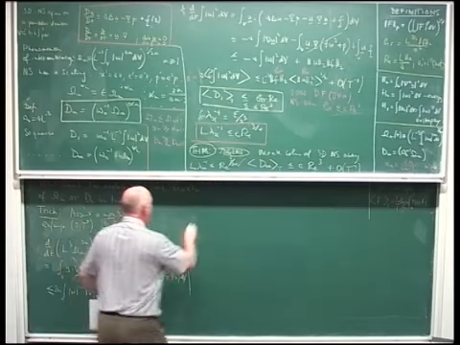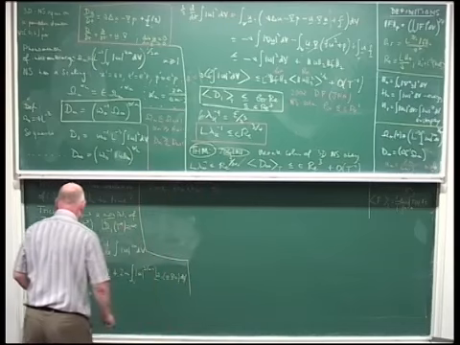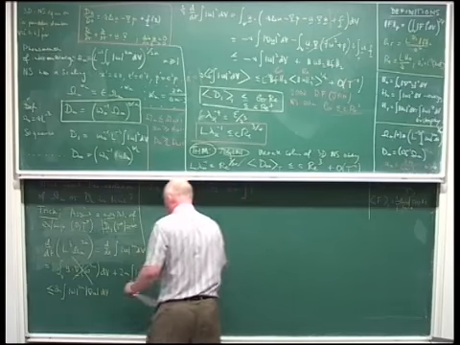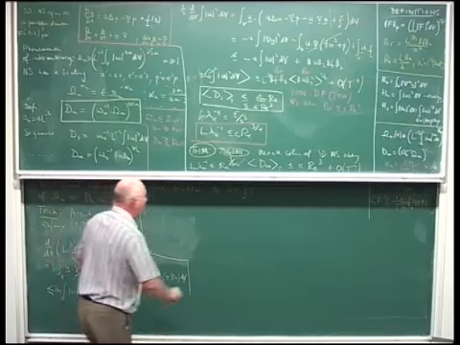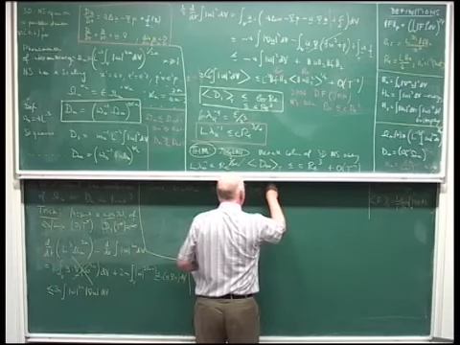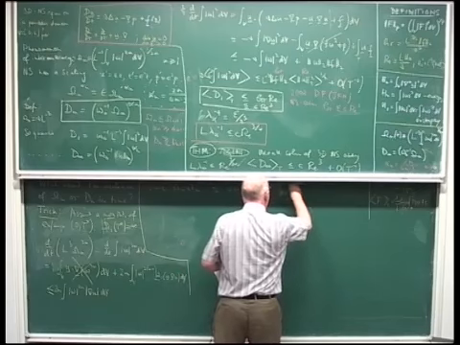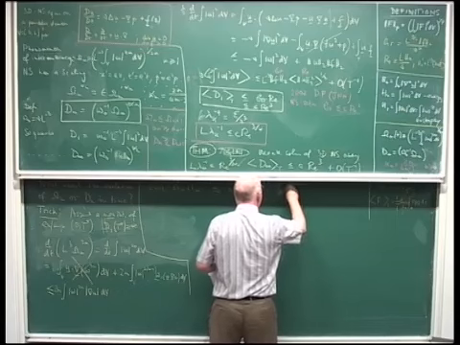And that I'm going to break up in the following way. I'm going to take one of these m's and write it as 2 into m plus 1, m over m plus 1, times 2.